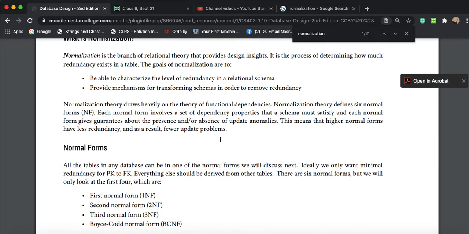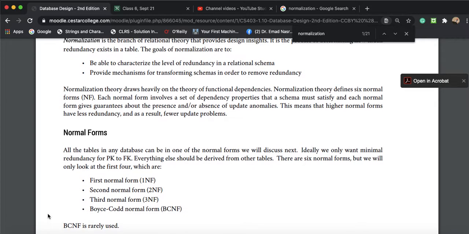So we have normal forms. We should check our database regarding the rules of normal forms. Normal form 1, or first normal form, second normal form, third normal form, and BC normal form, BCNF.